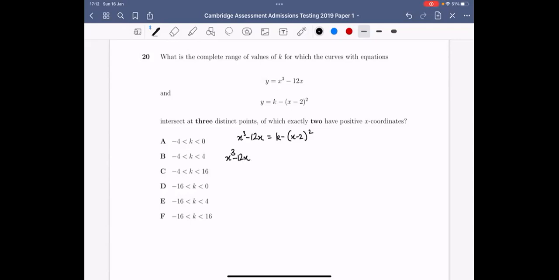So that will be plus x squared minus 4x plus 4 minus k is 0. A little bit of simplification. 0. And what?